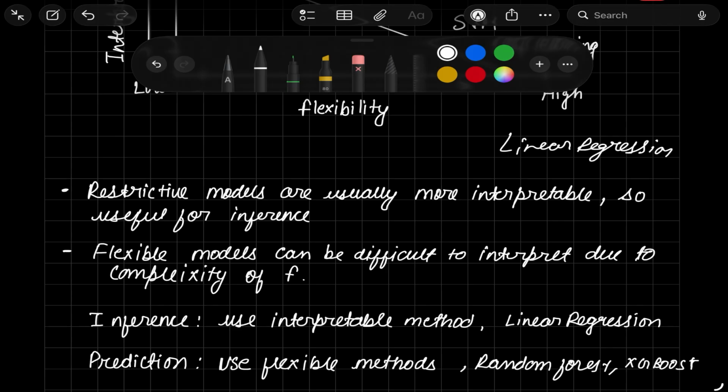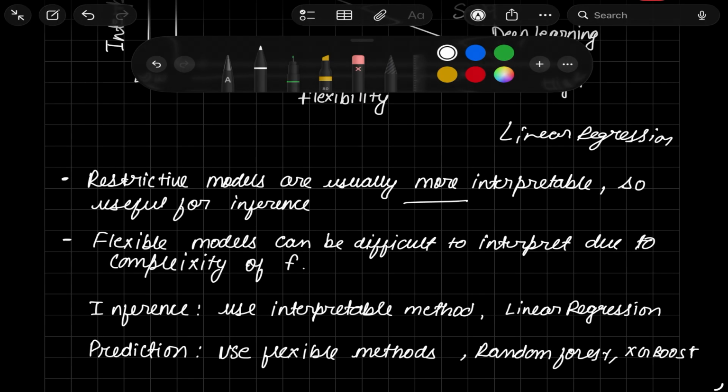It is very interpretable, very easy to understand how it makes predictions. It uses a simple equation in which we find parameters and fit the parameters, then we estimate it, then we measure it, and we get to the conclusion. That is it. So if we want to understand the inference, then we use more interpretable models.